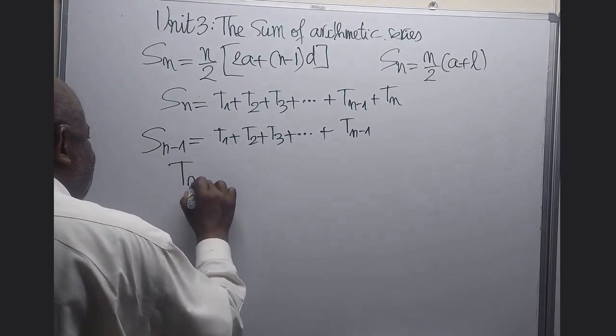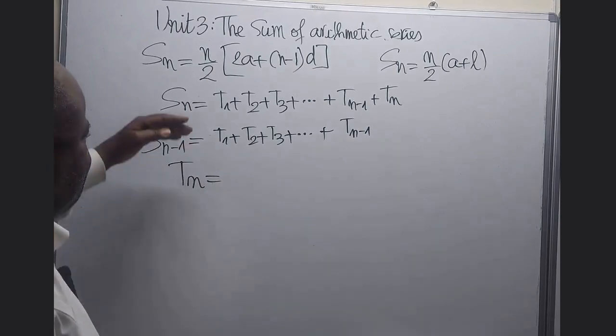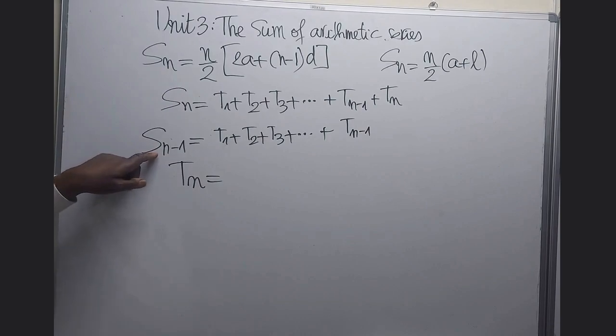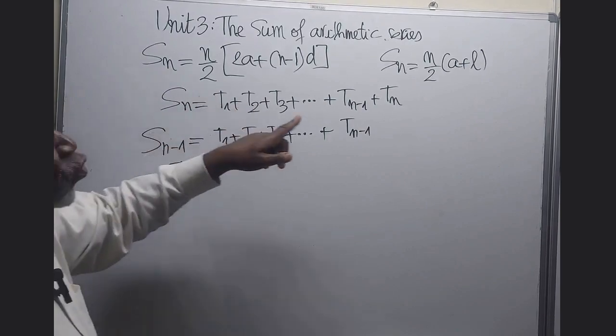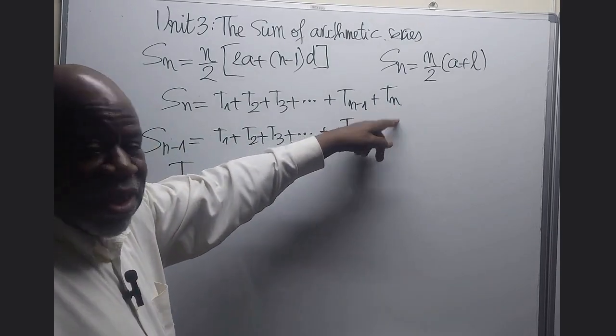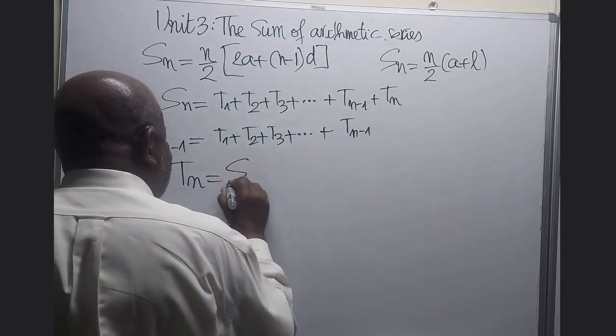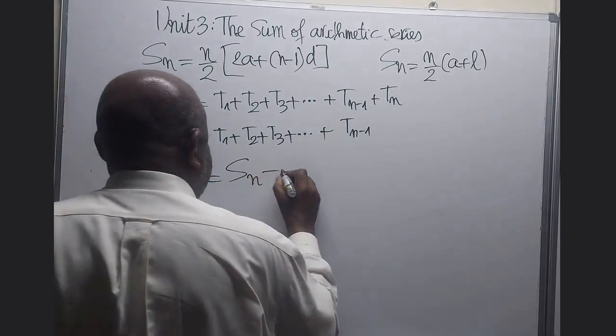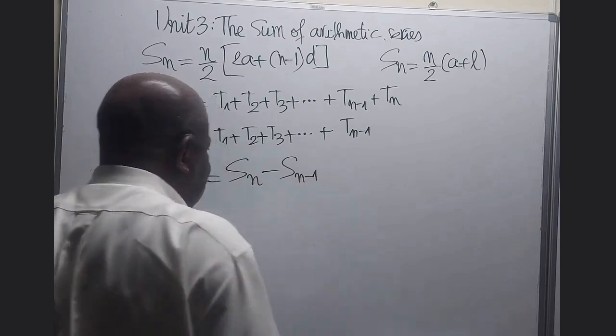If I consider this Sn minus 1, we're only going to remain with the Tn. So Tn will be equal to Sn minus Sn minus 1.